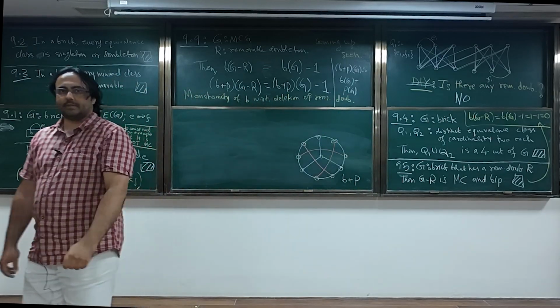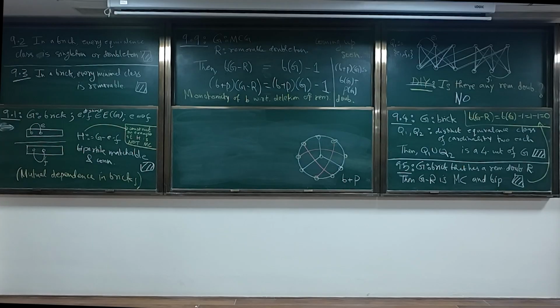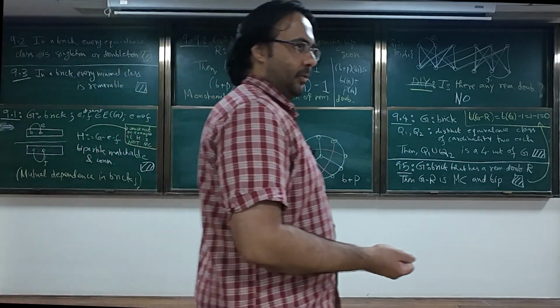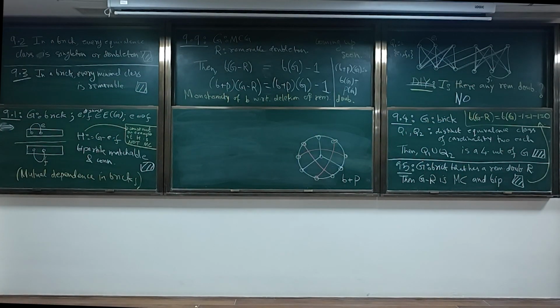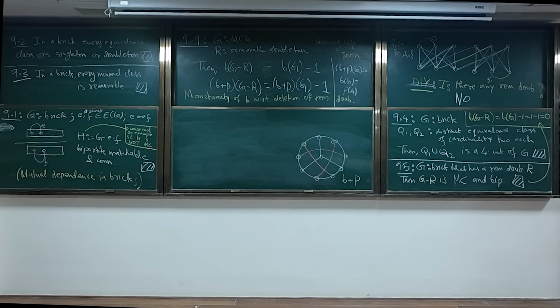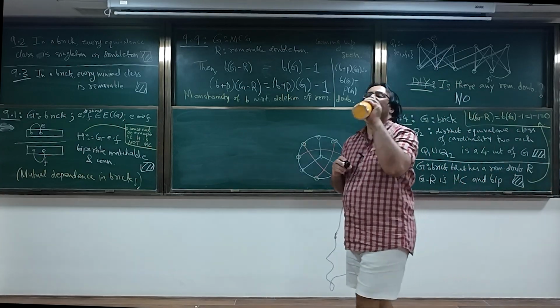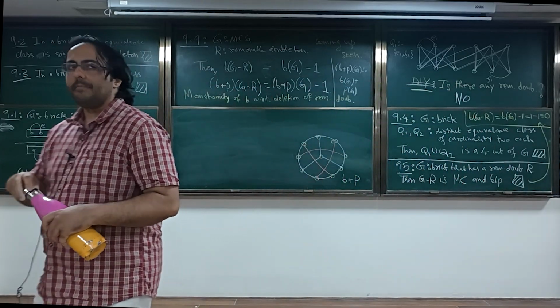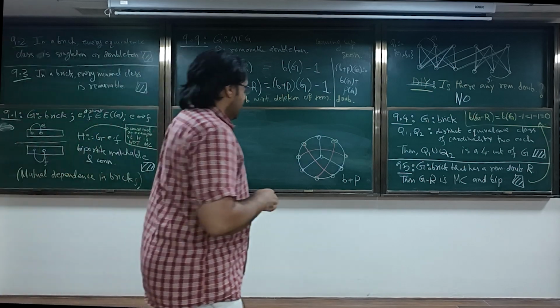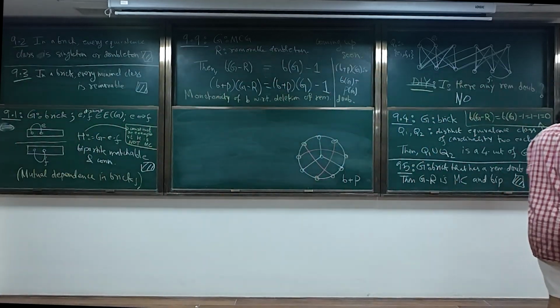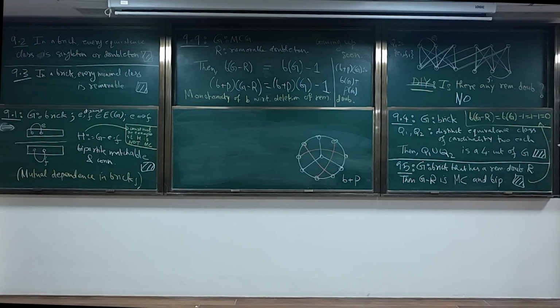But this of course raises the question, what about deletion of removable singletons, also known as removable edges? What happens to the B function and what happens to B plus P? Let's think about a brick, because that is what we did here.